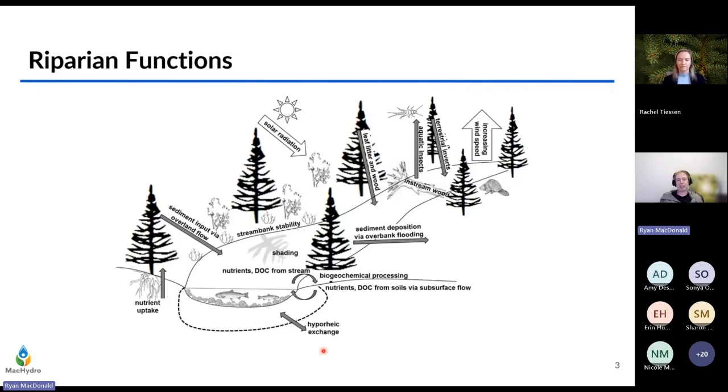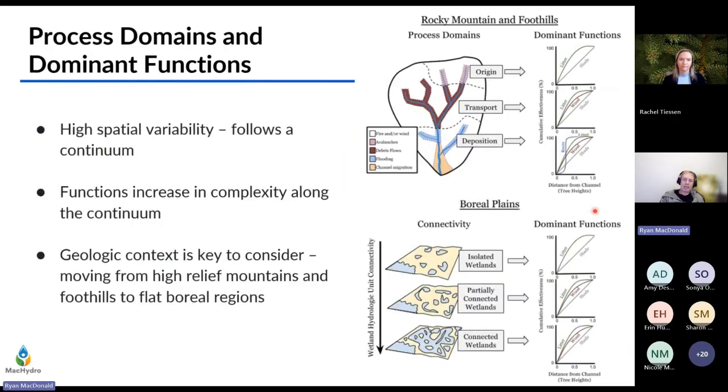All these different features that riparian areas provide are critically important to understand, but they all vary within time and space as well. So understanding this spatial variability is one of the key things grounding the approach that we've used to conduct this modeling.